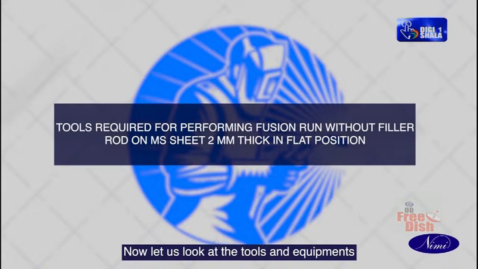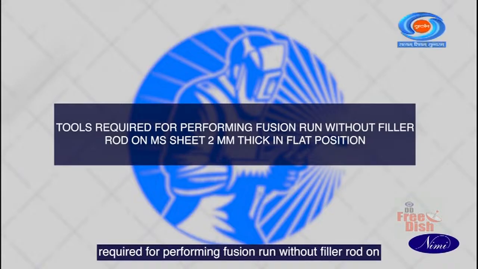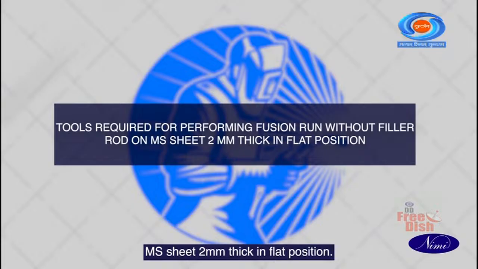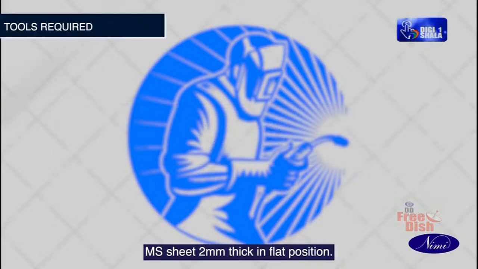Now let us look at the tools and equipment required for performing fusion run without filler rod on MS sheet 2 mm thick in flat position.